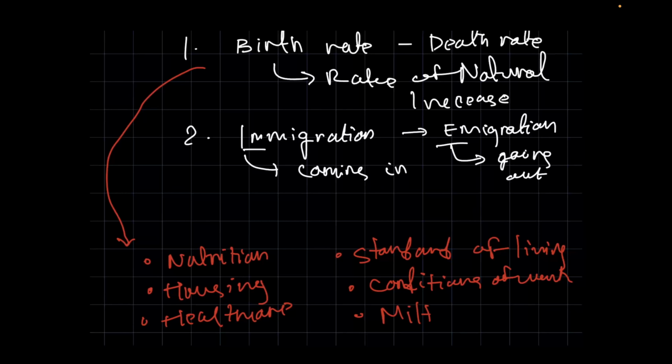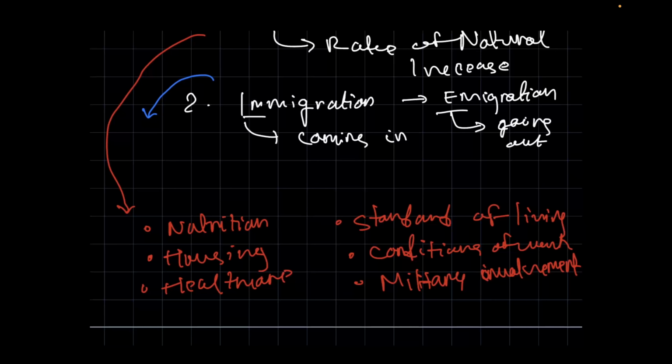So military involvement could essentially affect the birth rate and the death rate, because if you have more military involvement, it could be argued that there is a higher death rate. And then you have factors that affect your immigration and emigration.